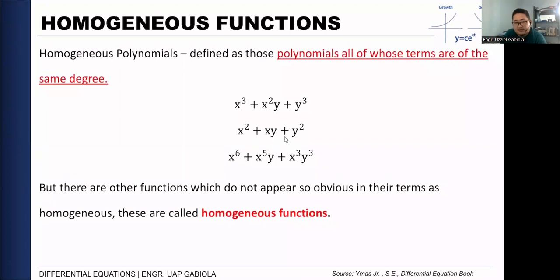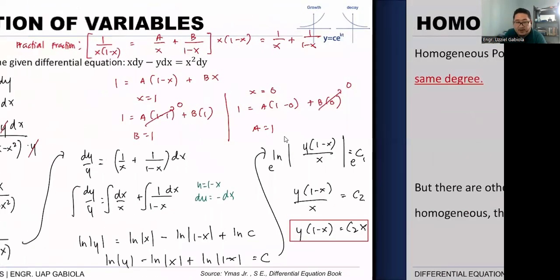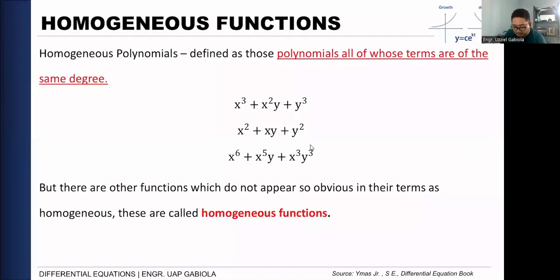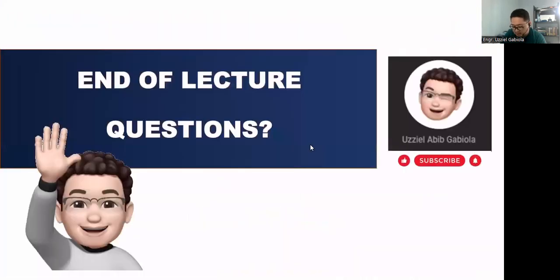So, I will just record a discussion para dun sa homogeneous function. Pero for now, if you don't have any more question regarding separation of variable, this concludes our lesson for today. Okay? Okay po, sir.